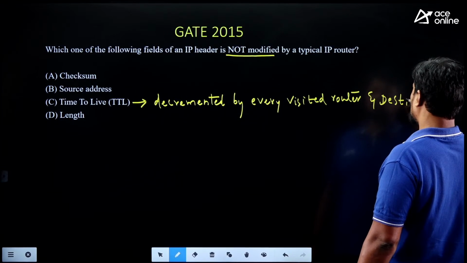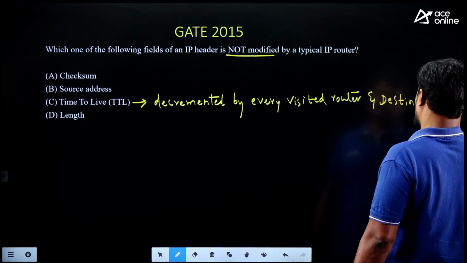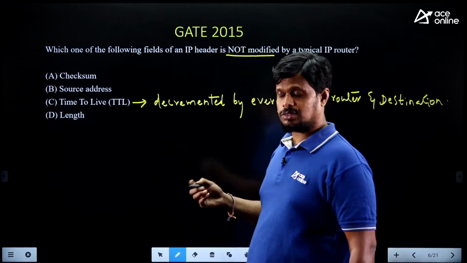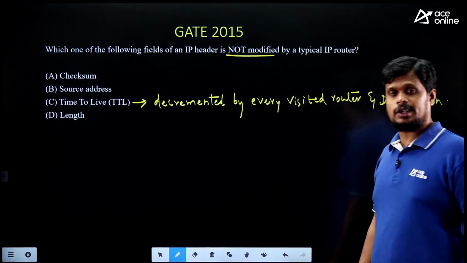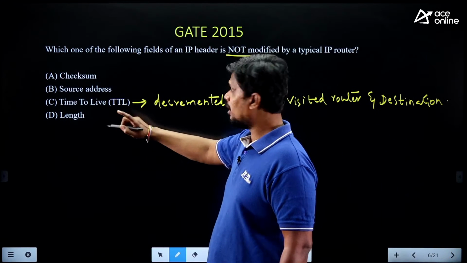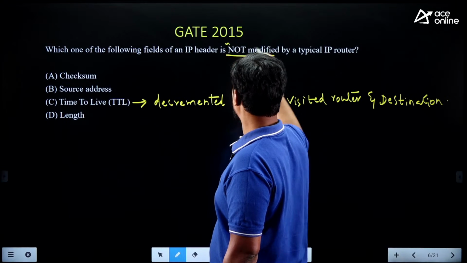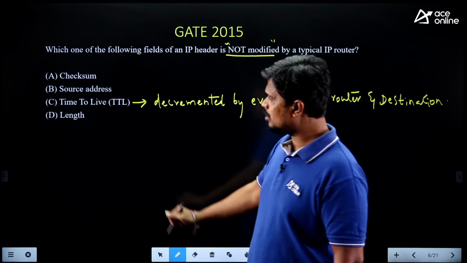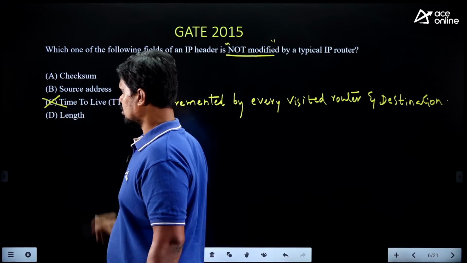So we can observe that as the router or destination decrements the TTL value by 1, the TTL value gets changed. But here we need to find the field that is not modified, and TTL is getting modified. Hence option C is not the answer.